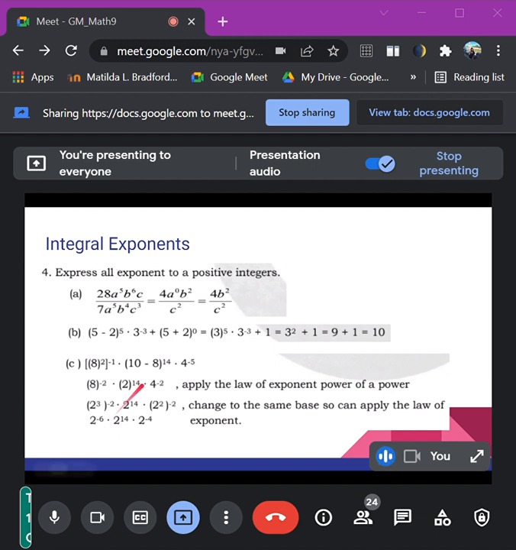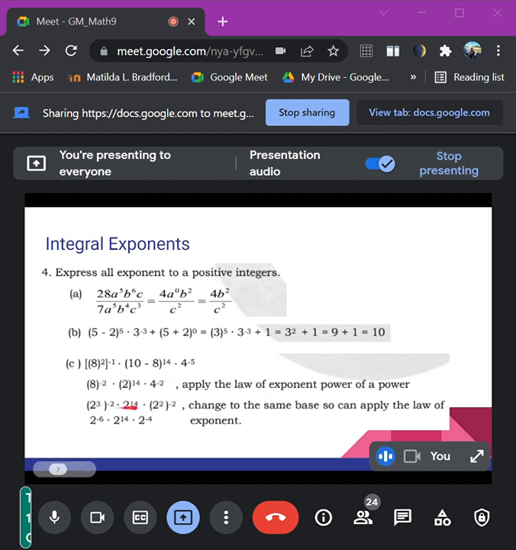Otherwise it would be difficult to get that one if we compute it directly. So, break it down into 2 raised to 3, and then the quantity raised to negative 2. And then, the same with 4, make it 2 raised to 2. Why do we do this, class? So that all of your bases are the same. And then, it is easy to apply.